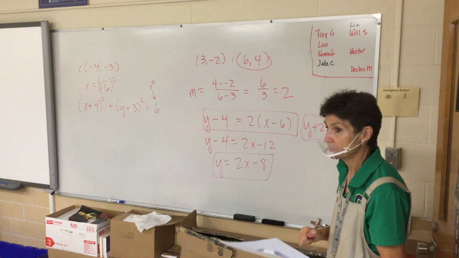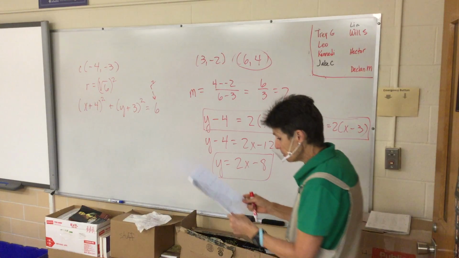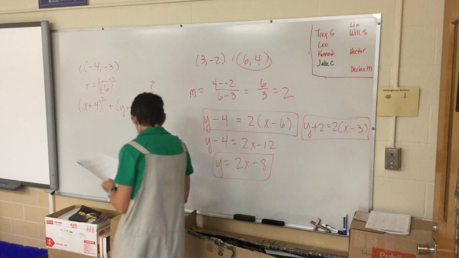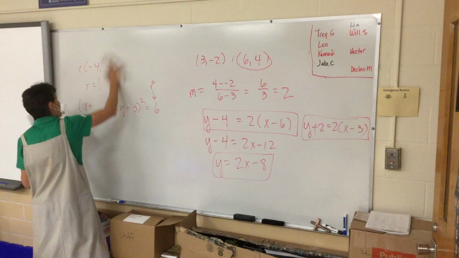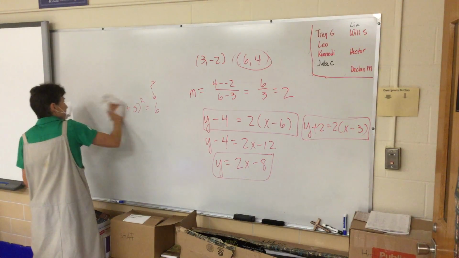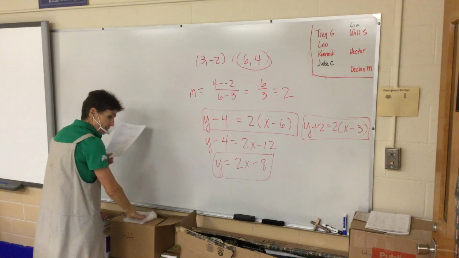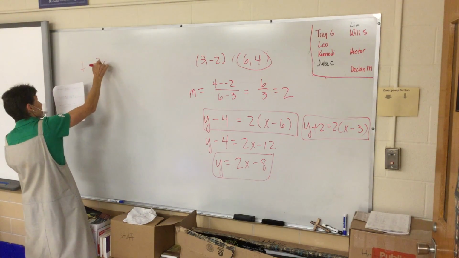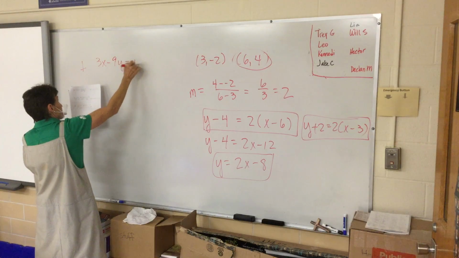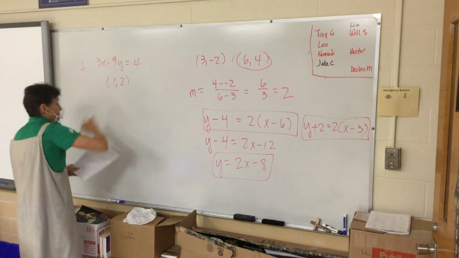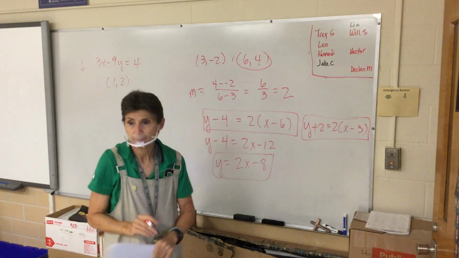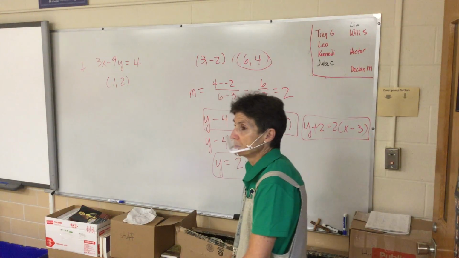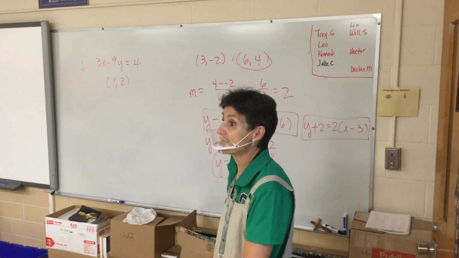Okay? All right, now we've got a perpendicular. We want to write a line, so we're going to do the same thing we just did, except we want to be perpendicular to this. All right, so what do we think? We have to find a slope.